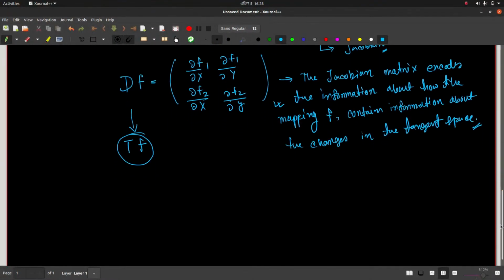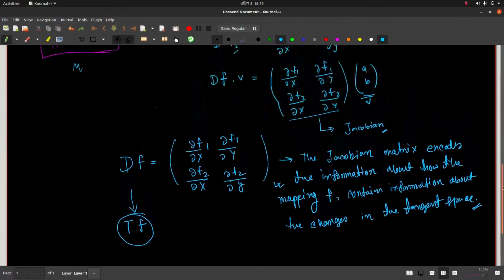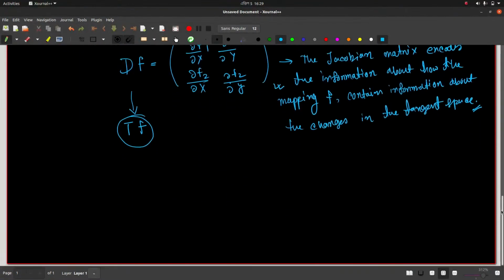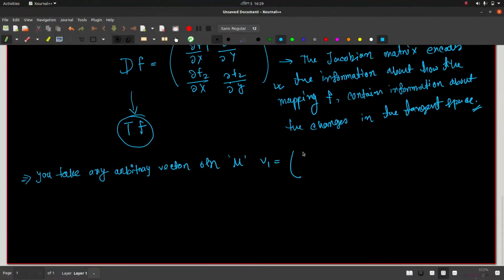And now you can take any arbitrary vector on manifold M. Let's call that vector v1 as, let's say, a1 b1.